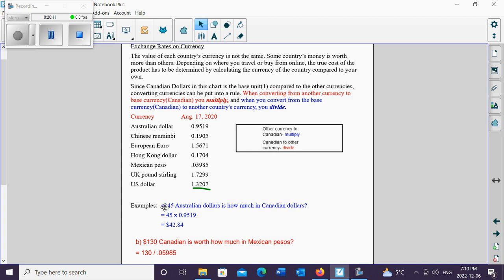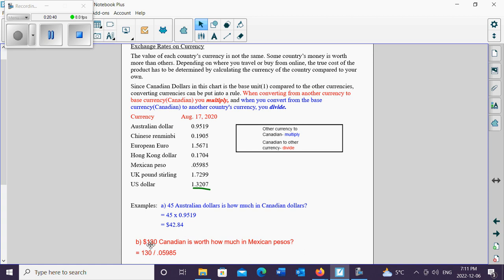So 45 times the exchange rate of .9519 equals $42.84. So $45 Australian would only cost you $42.84 Canadian. It wouldn't cost us as much Canadian to buy it as the Australian dollar. So to get 45 Australian bucks would only cost us $42.84.